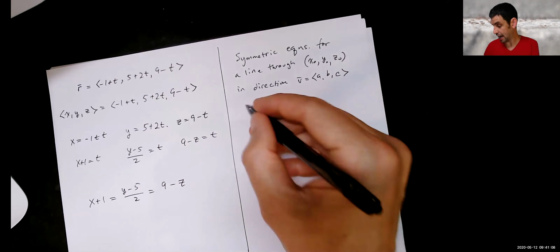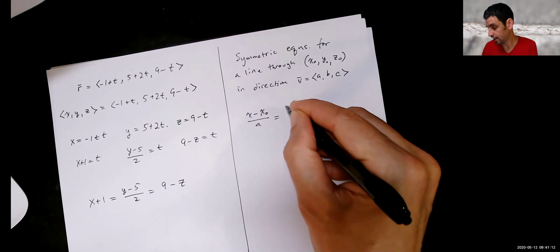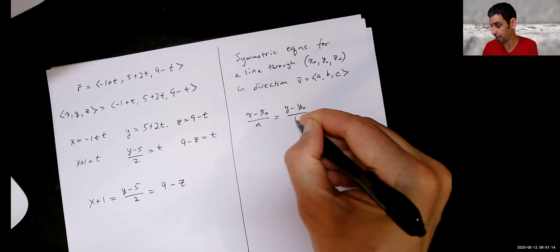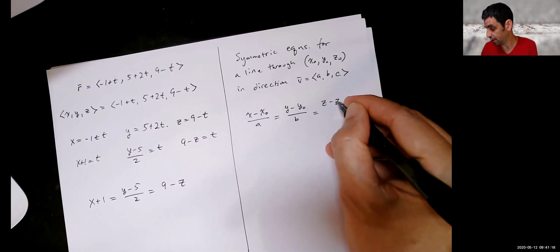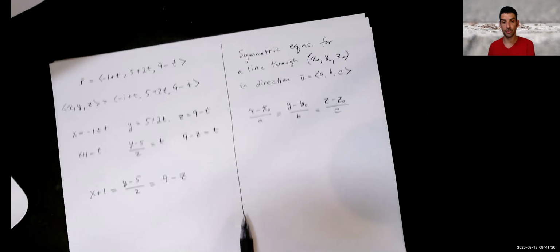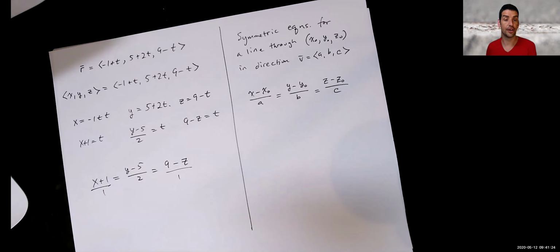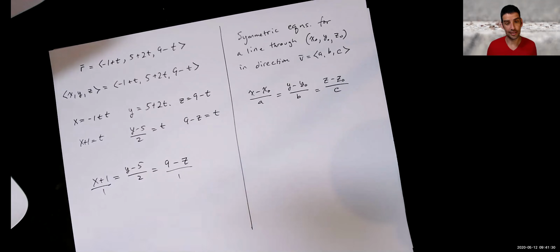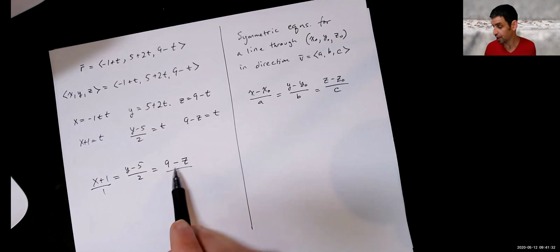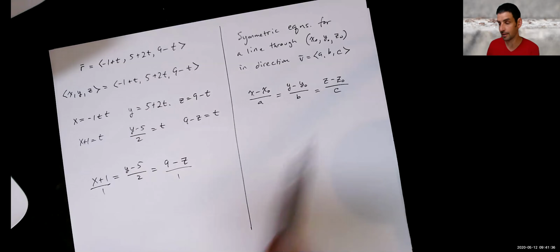These can be given as x minus x naught over a equals y minus y naught over b equals z minus z naught over c. Okay, so that's just what we did here, right? We just had ones down here for our direction vectors. I guess this one should be z minus 9 over -1. I did the algebra and got rid of that negative. But it's essentially the same thing as this.